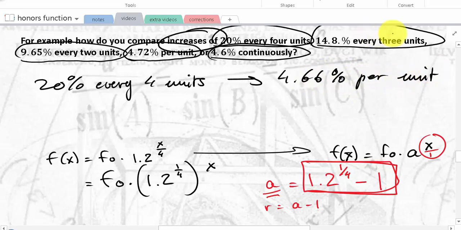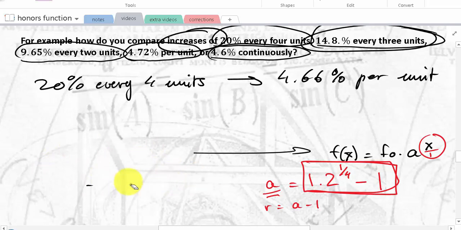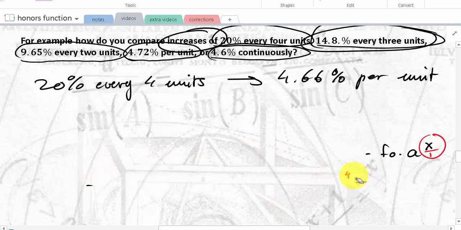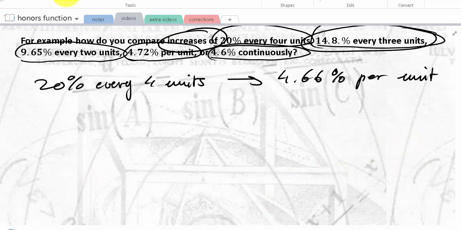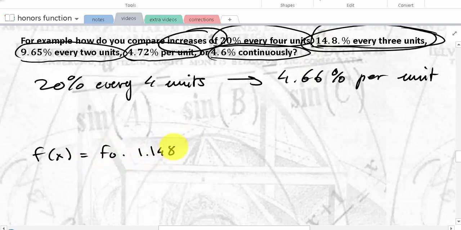Okay, so now what is 14.8% every 3 units? Let's do the same right here. Let's transform this into a per unit frequency. All right, I'll do it a little bit faster. So what would be the function that models 14.8% every 3 units? It is f of x equals f naught times, so it's an increase, so it's 1.148 to the x over 3, right?